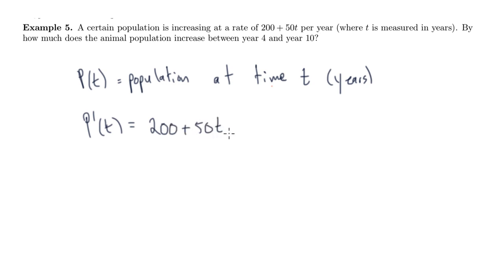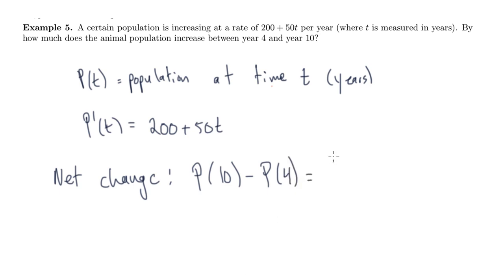And now we want to know by how much the animal population increases between years 4 and 10. Okay, so we want to know, in other words, the net change between t equals 4 and t equals 10. So in other words, p of 10 minus p of 4.